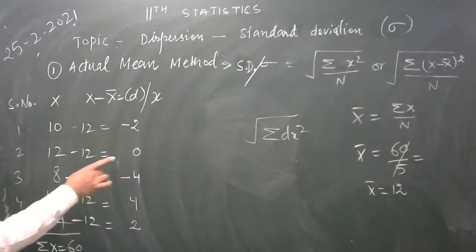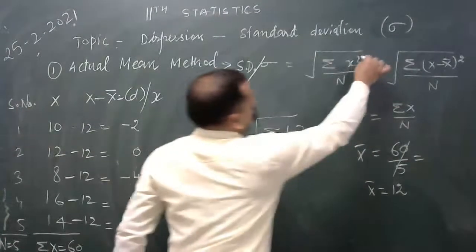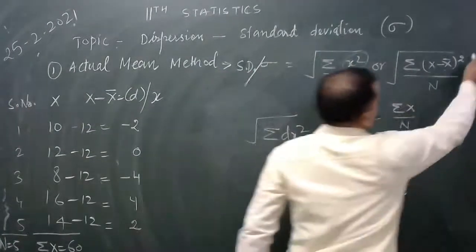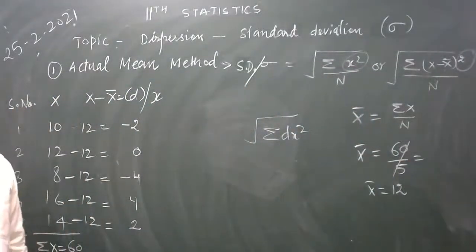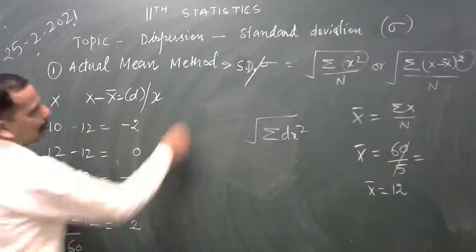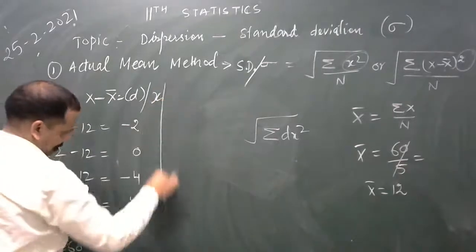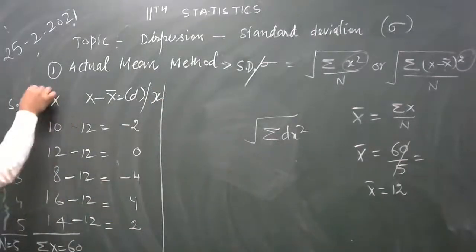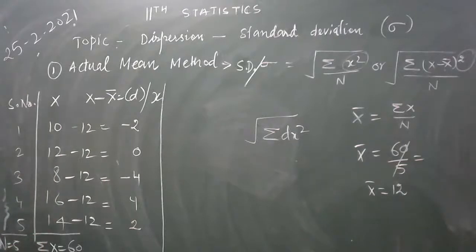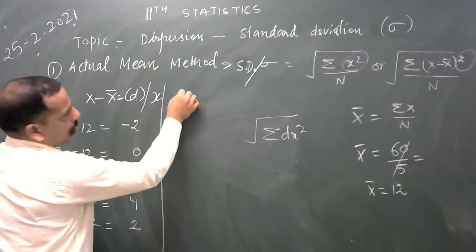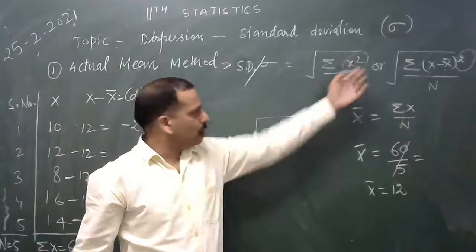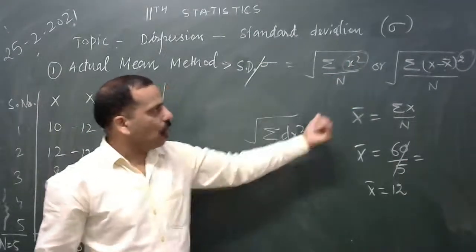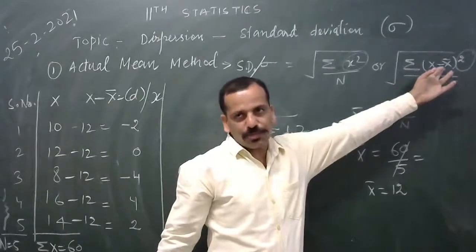Next step. Clear? Now what you have to do? Here, either you can write x square, dx square, or x minus mean whole square.